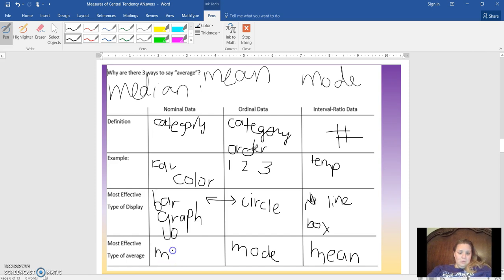You want to know which thing was the most popular. It's really impossible to find the mean, the average color, because that's not a number. You could find the median, you could argue that, but the most effective type of average is mode for the category kind, and then mean. You could also argue median for the interval ratio.